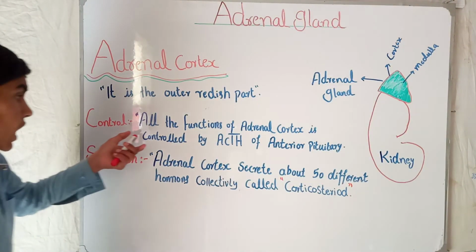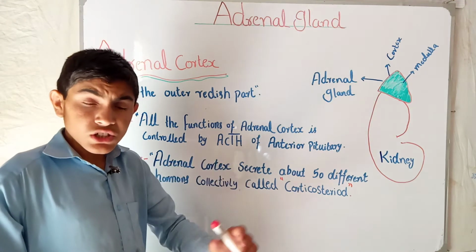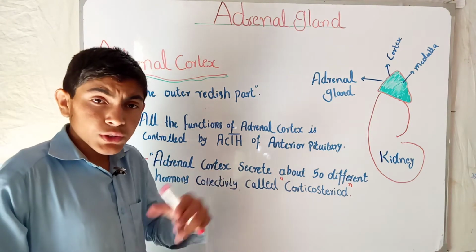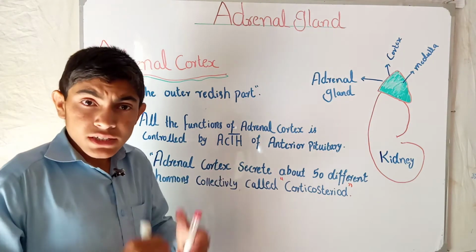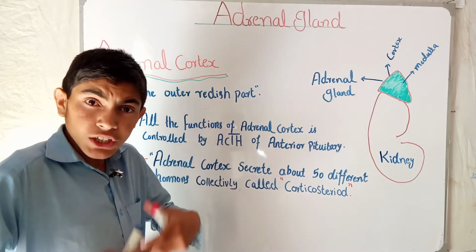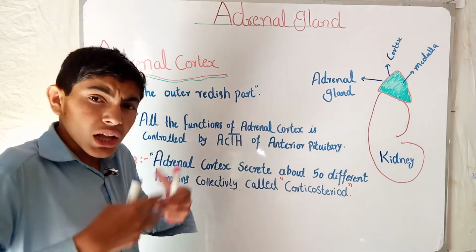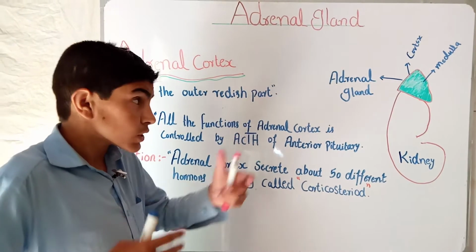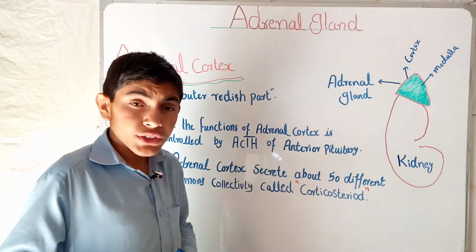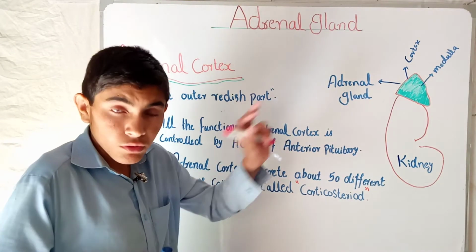All the functions of the adrenal cortex are controlled by ACTH, adrenocorticotropic hormone, which is secreted by the anterior pituitary. So the anterior pituitary controls all the hormones secreted by the adrenal cortex.